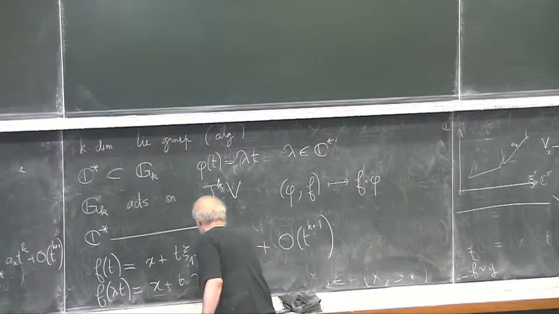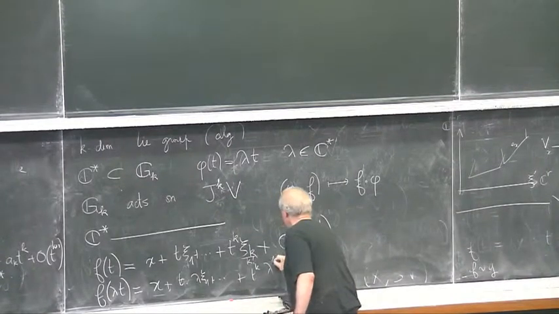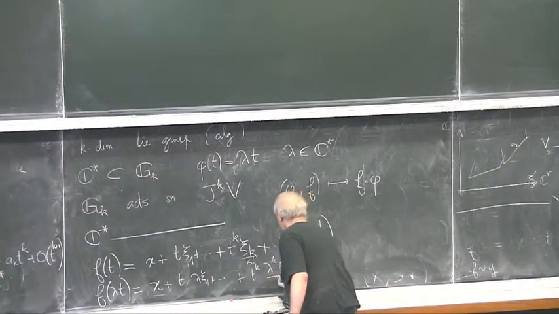So you get t lambda xi1 plus etc. plus tk lambda to the k ck over k factorial.